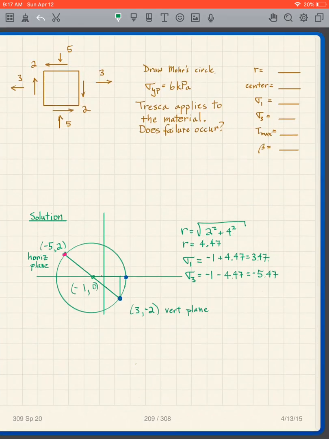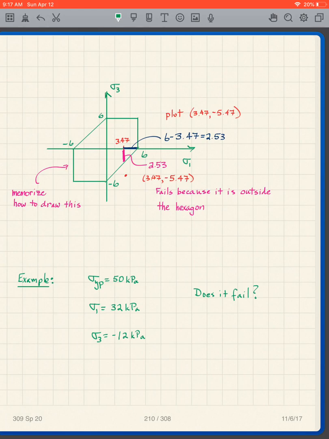So what we're going to do is plot that value on our hexagon. So how do we create the hexagon? Well, it's simple. I have 6. I put down 6, 6, -6, -6, 6 everywhere. Quite straightforward.